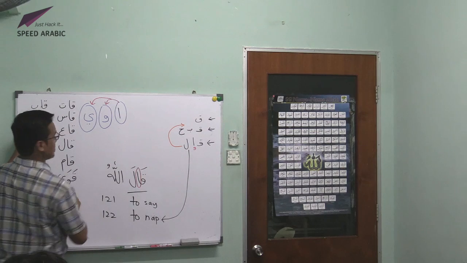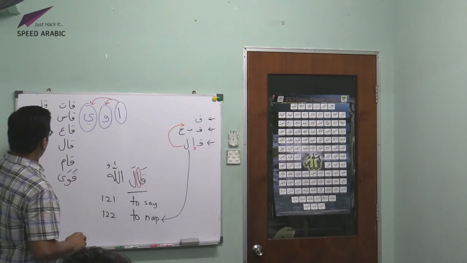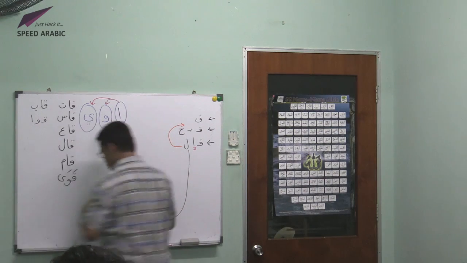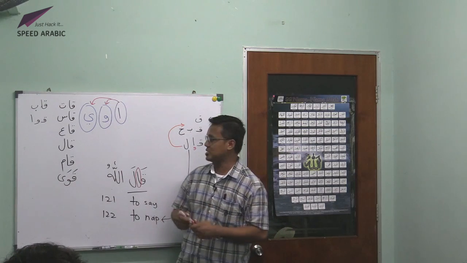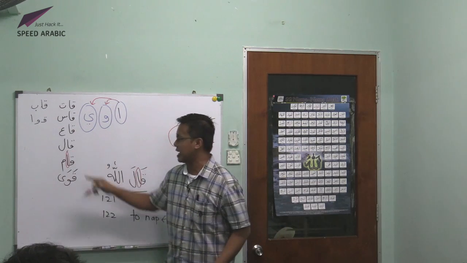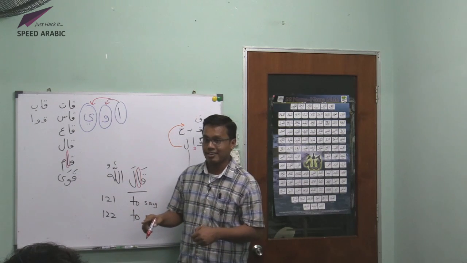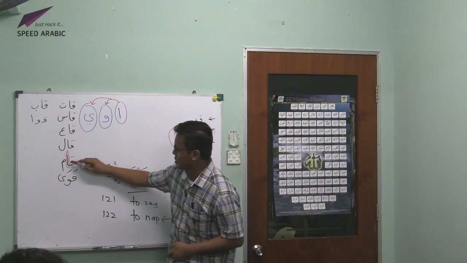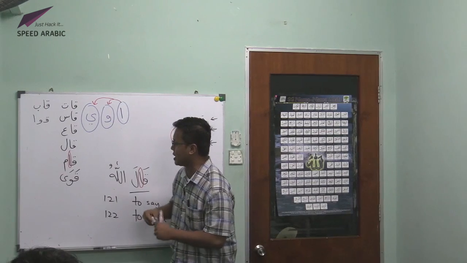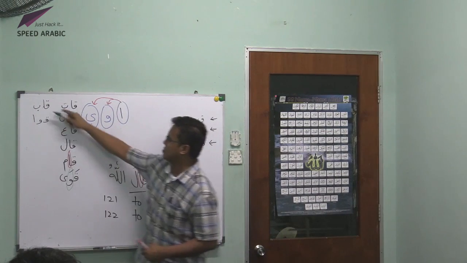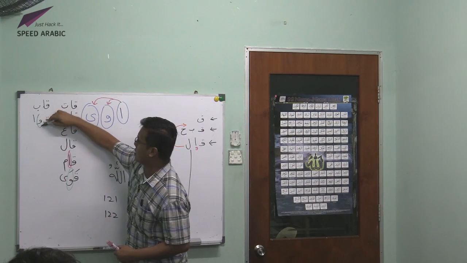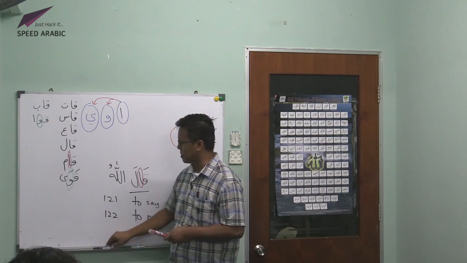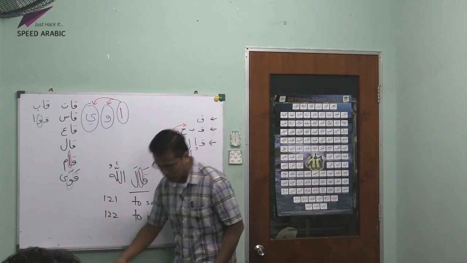So based on the sequencing, this alif is actually waw, right? Because what comes after it is waw, what comes before it is waw here. It can't be ya.